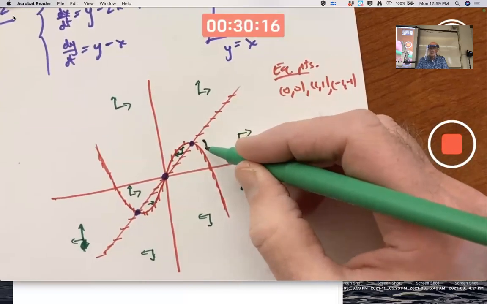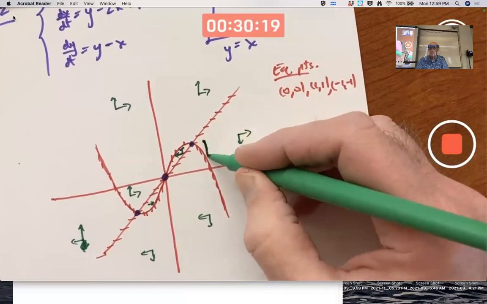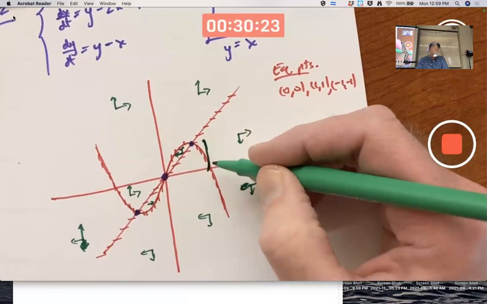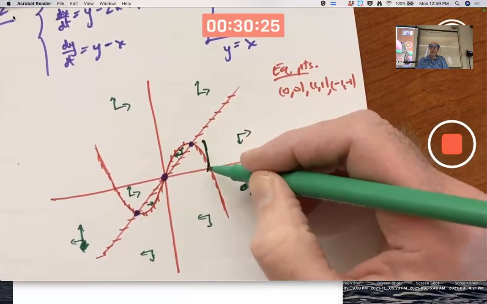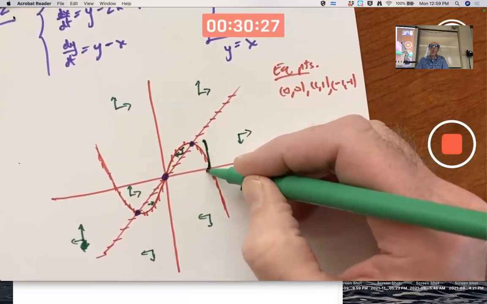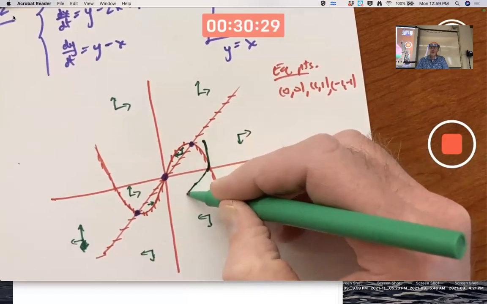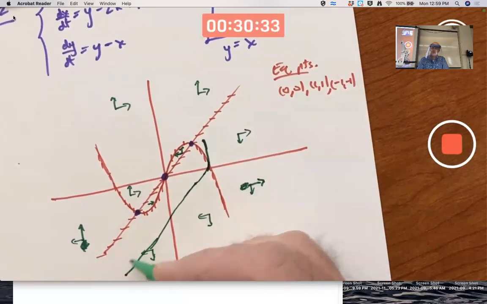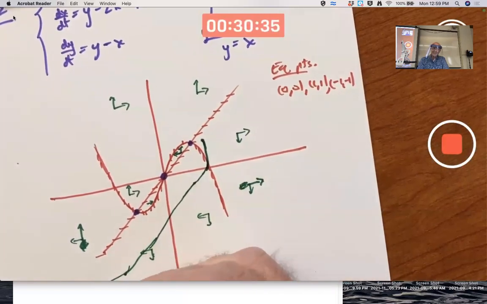Will you cross the cubic? Probably. Certainly, if you start close enough to that equilibrium point, you'll cross the cubic. Will you go off this direction? Probably. Will you cross that line? Probably, at some point.